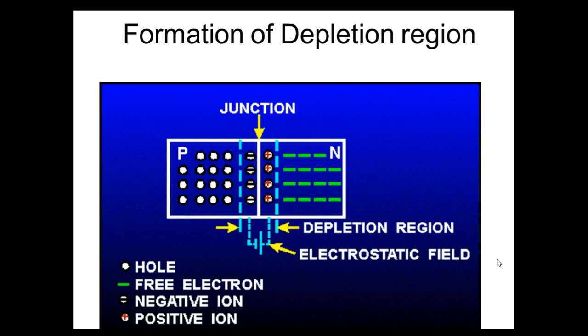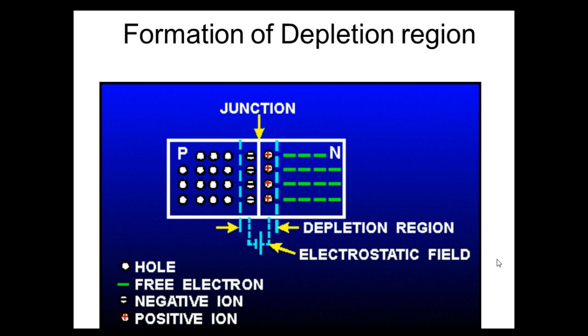Similarly, in the N-type material there will be free electrons. The free electrons are represented by minus symbols, and the free holes are represented by circle symbols.